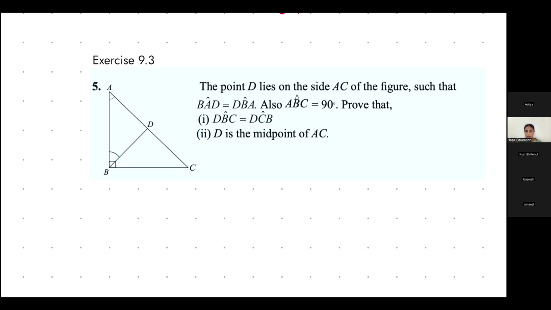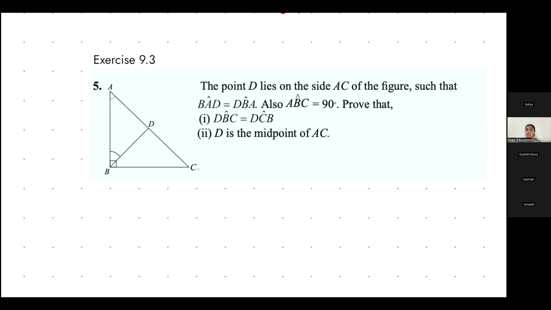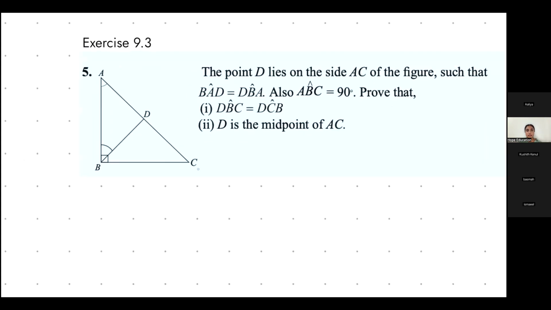Also, ABC is 90 degrees, they have marked that as well. Prove that DBC equals DCB. Okay, so we have to prove that these two are equal.